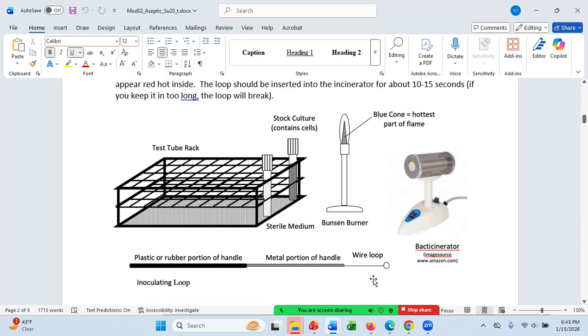So everything should be sterile beforehand, including the wire loop and the sterile medium, and obviously the stock culture is not sterile because it contains the cells of your culture.